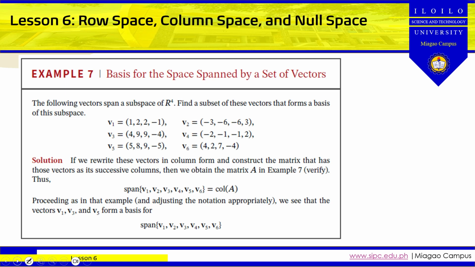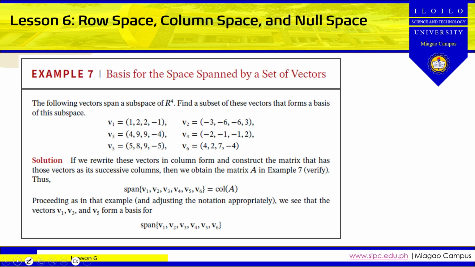If we rewrite these vectors in column form and construct the matrix that has those vectors as its successive columns, then we obtain matrix A. You could verify that the span of the set v sub 1 to v sub 6 is equal to the column space of A. Proceeding as in the previous example, we see that the vectors v sub 1, v sub 3, and v sub 5 form a basis for span of v sub 1 to v sub 6.